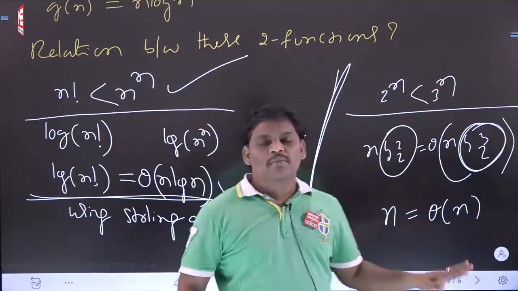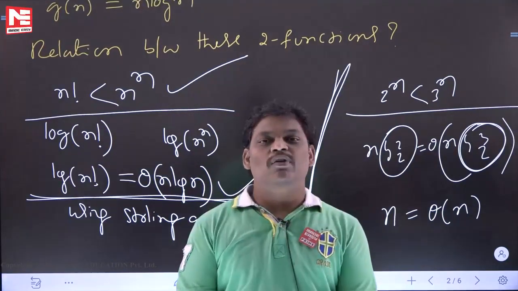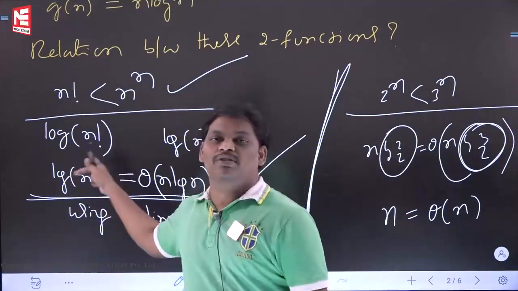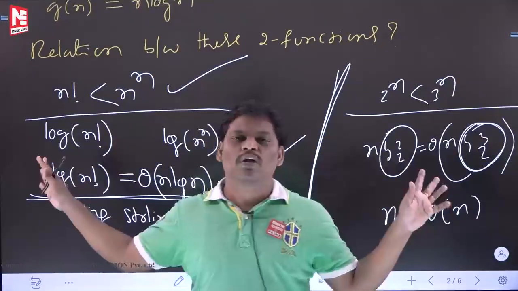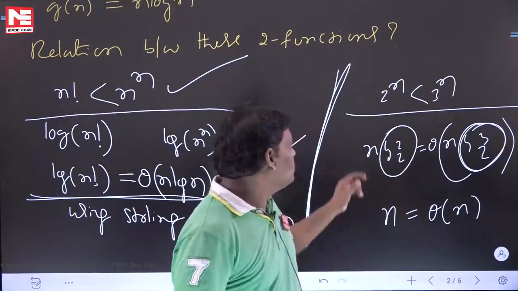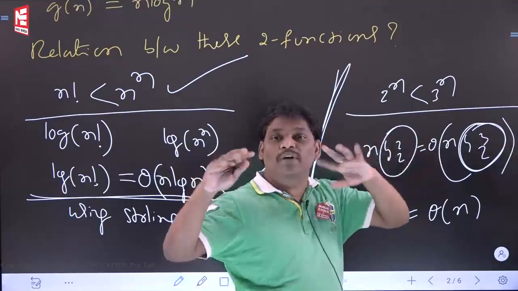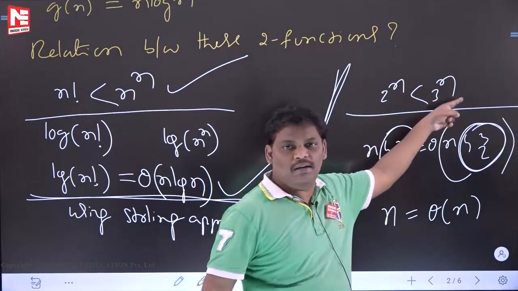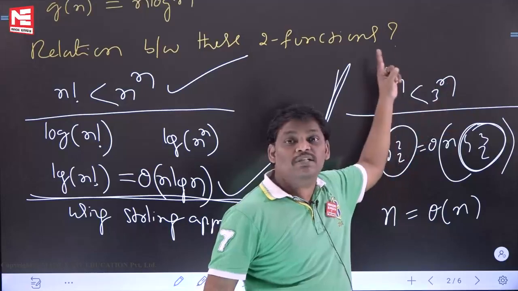So I want to say that for some functions, before applying log it is less than, and after applying log there may be a theta. This is the example. For Stirling approximation, please find out by yourself, Google it and you will get the answer. I gave the example: 2 power n and 3 power n, where 3 power n is bigger, not just constant times but function times bigger.